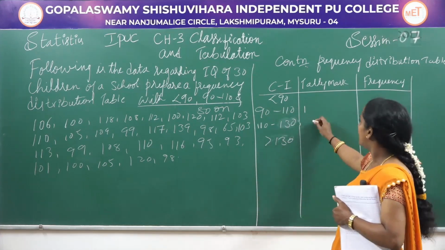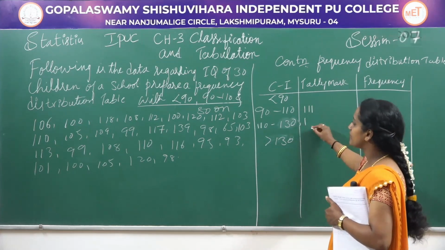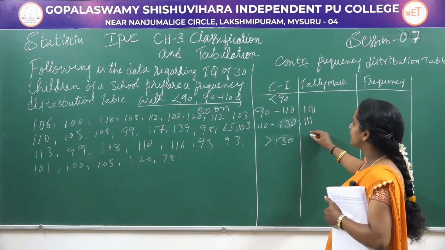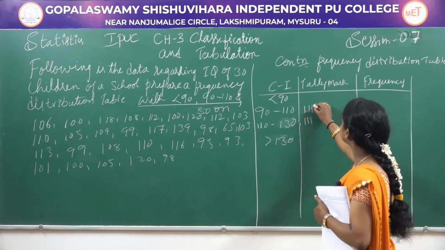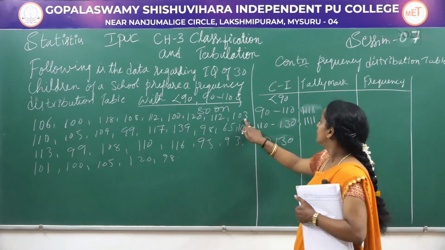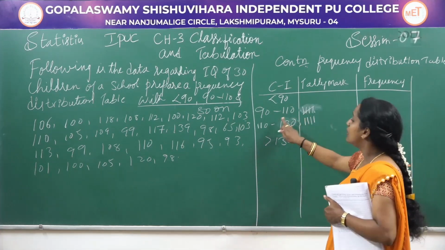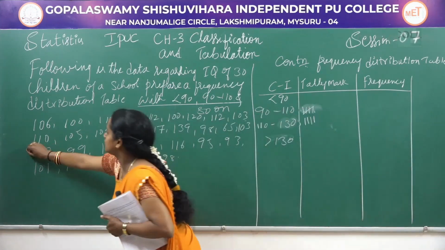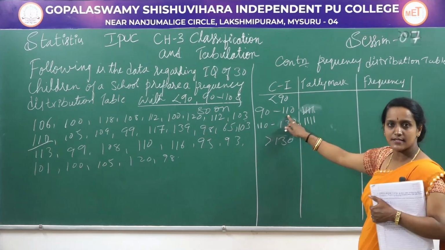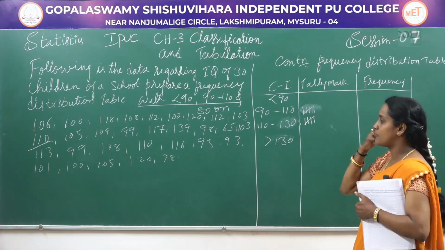First one is 106, 100, 118, 108, 112, 100, 120, 112, 103, next 110. Here this is 110, so the upper limit we will not consider; we go for the lower limit 110. So the tally mark will come here for 110.